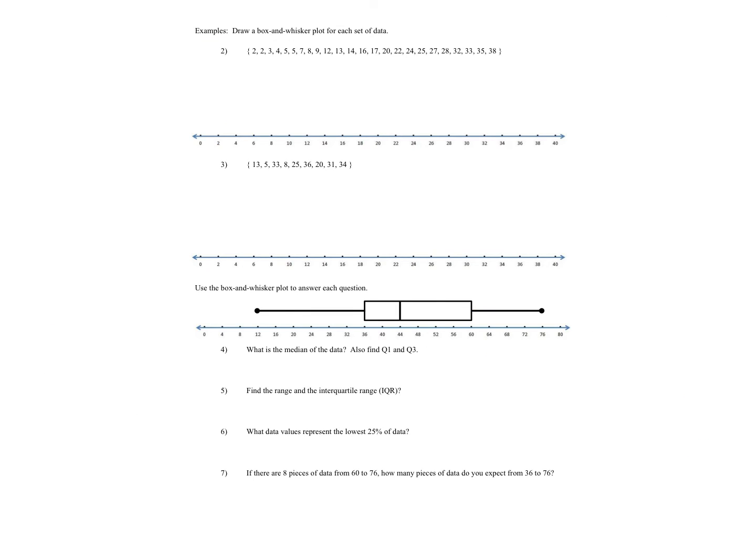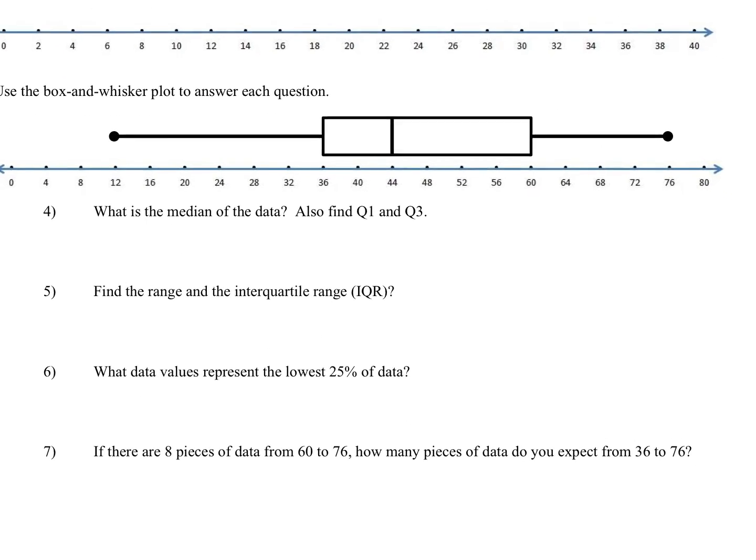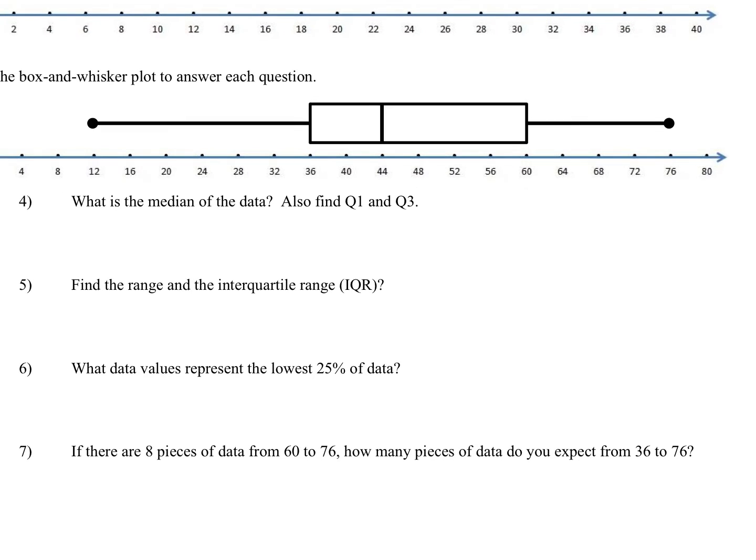I'm going to take a look at a couple other questions that we can be asked when analyzing a box and whisker plot. So we already saw we can be asked to find the median, but this one is asking us to also find Q1 and Q3. So we want the Q1 value, the median, which is also Q2, and then we want Q3.